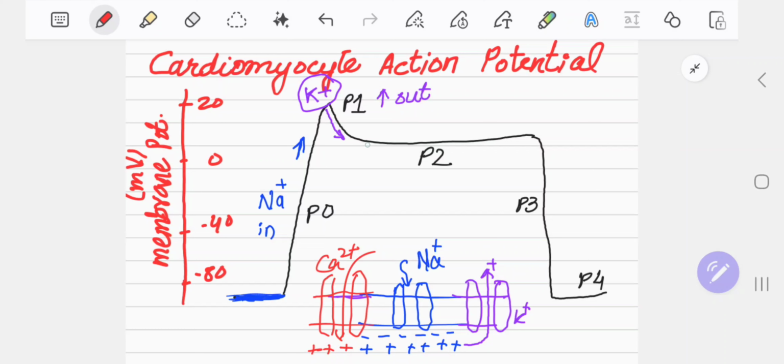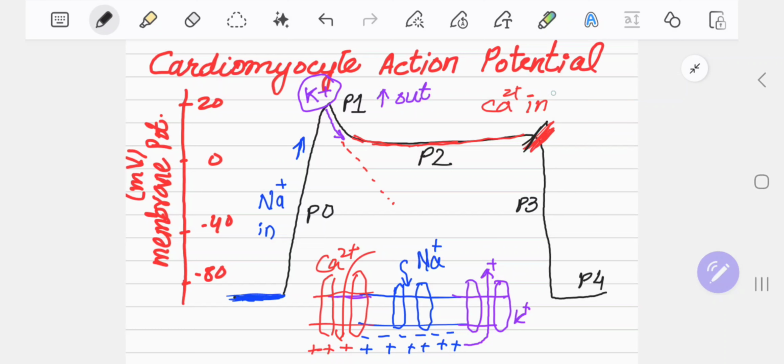That's why instead of going down, because calcium is now neutralizing the effect of potassium going out and calcium is coming in, there is a plateau. So this phase 2 is because calcium is coming in.